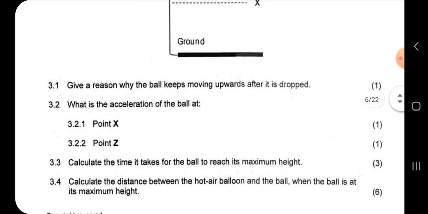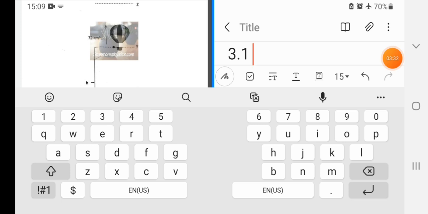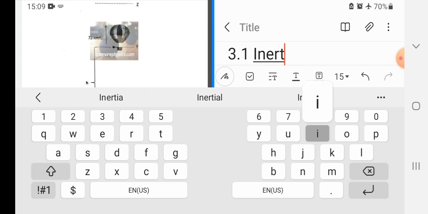Give a reason why the ball keeps moving upwards after it is dropped. The reason why the ball will keep going higher even when it has been dropped is because of something called inertia.